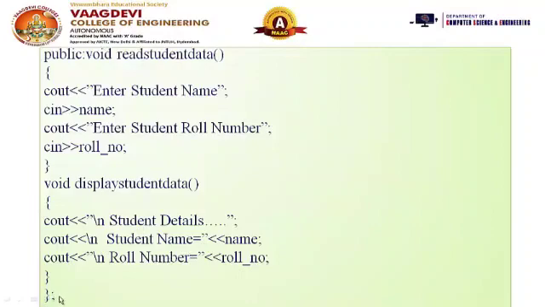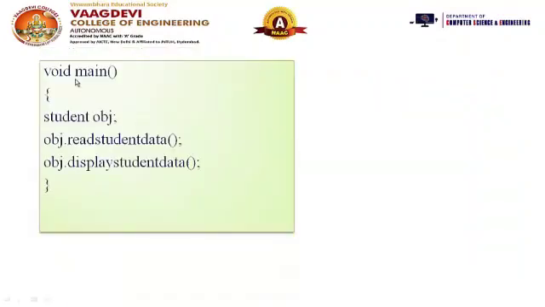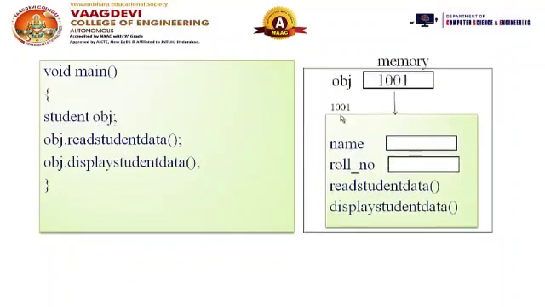The creation of a class is of no use if objects are not constructed, because a class does not occupy memory. To make use of a class, objects should be created. Objects are the actual variables which occupy memory in RAM. So, inside the main function, the statement student obj creates an object of the student class.